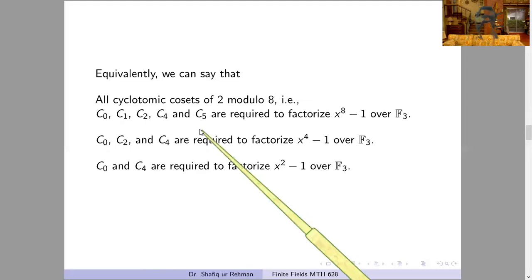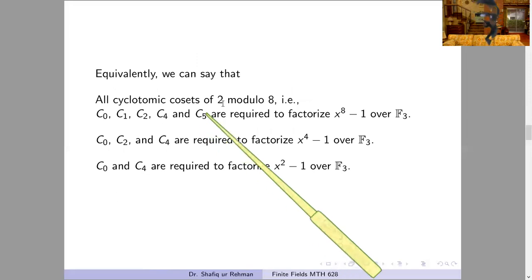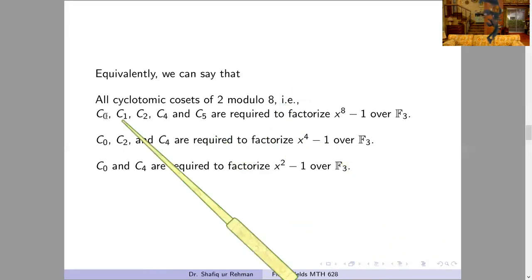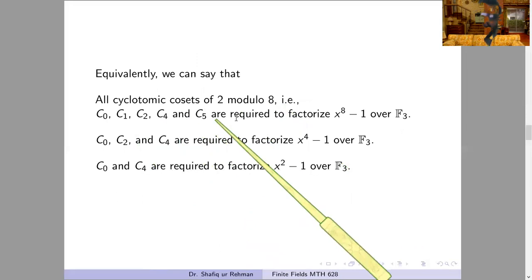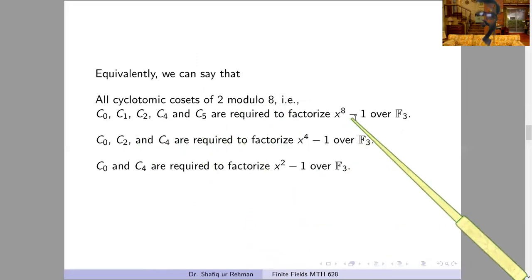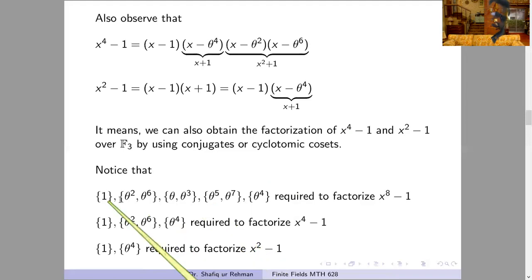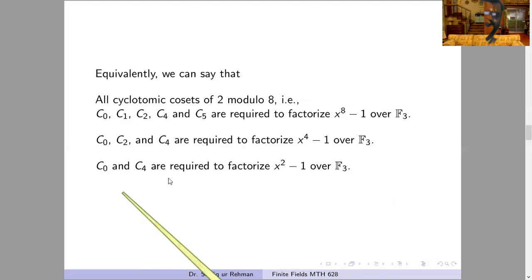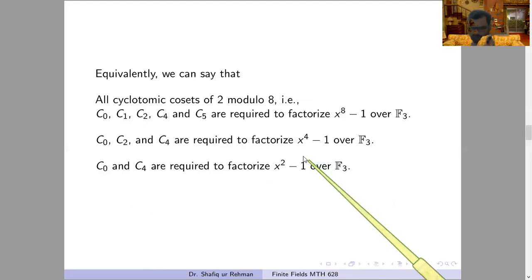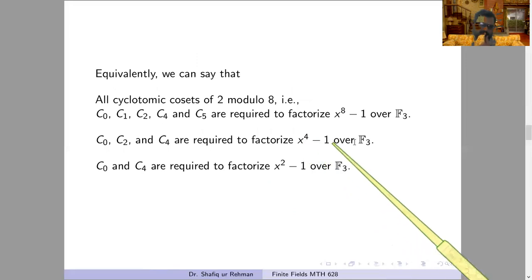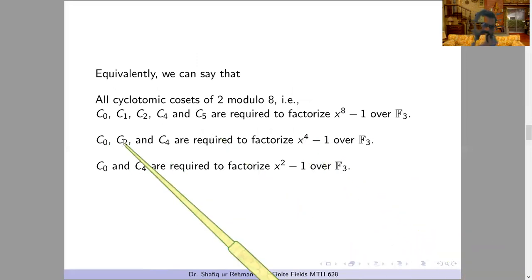Equivalently, we can say that all cyclotomic cosets of 2 modulo 8, that is C0, C1, C2, C4 and C5, are required to factorize this polynomial over F3. That is, we can also use cyclotomic cosets in place of conjugates. We know that. And in order to factorize x power 4 minus 1, we require C0, C2 and C4.